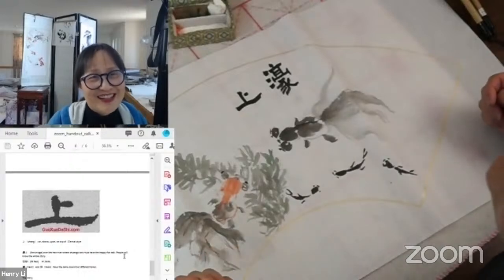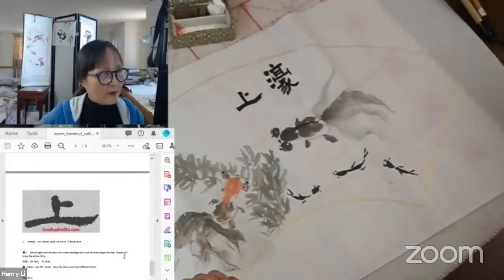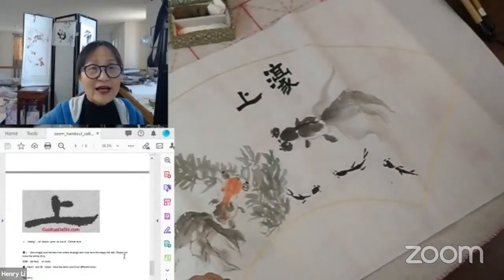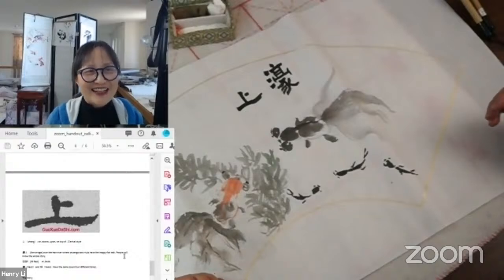It's a fish. And also in inland China, the north part, they do not have that many rivers, so they really appreciate fish. And the sound is good for the New Year's banquet.